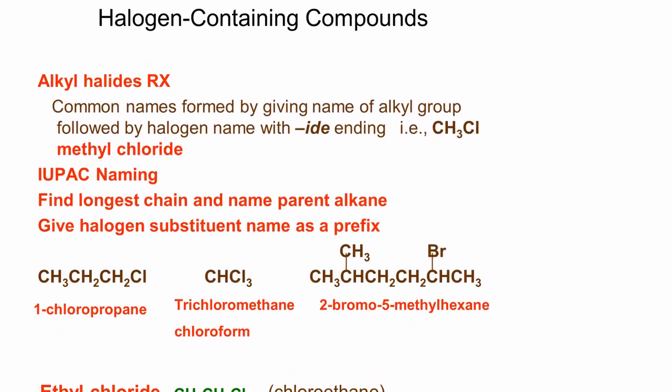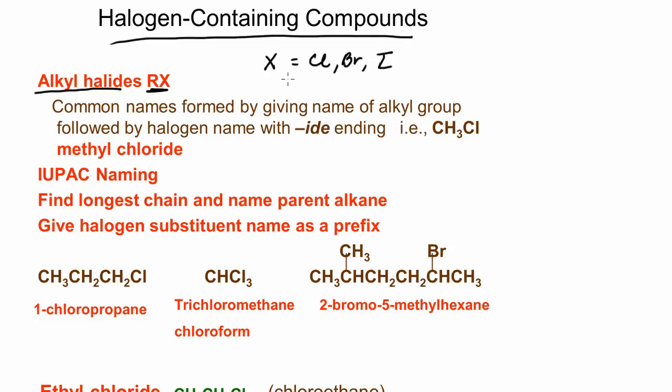Okay, so next here we're going to talk about halogen-containing compounds, and we've already come across those in previous chapters. So the alkyl halides, they have this general formula here, where X is a chlorine, a bromine, an iodine. So it's a halogen.